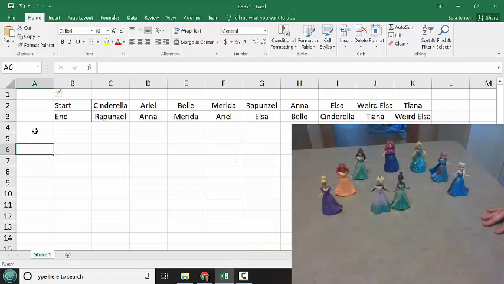Ta-da! Now the question that I'd like to ask right now is we've now shuffled the dresses that we were looking at 2 times. How would I undo the action that I just did?